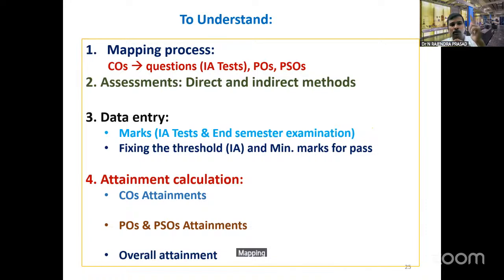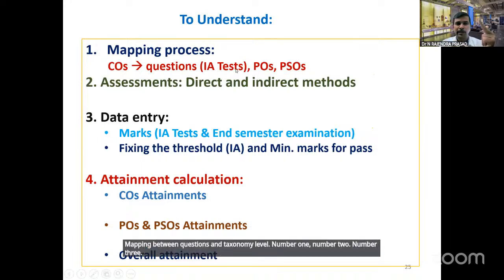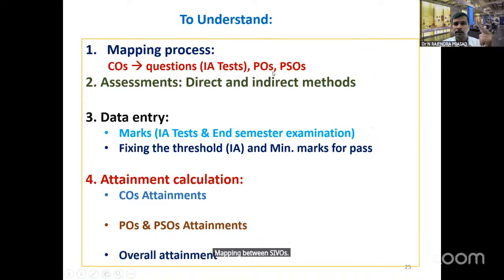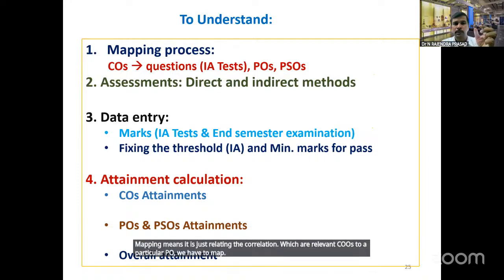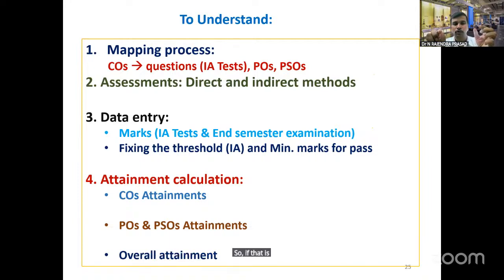Number one, mapping between course outcomes and questions; number two, mapping between questions and taxonomy level; number three, mapping between COs and POs; and mapping between COs and PSOs. Mapping means relating the correlation: whichever COs are relevant to a particular PO, you have to map. If it is inappropriate, you need not. Similarly, question to CO.